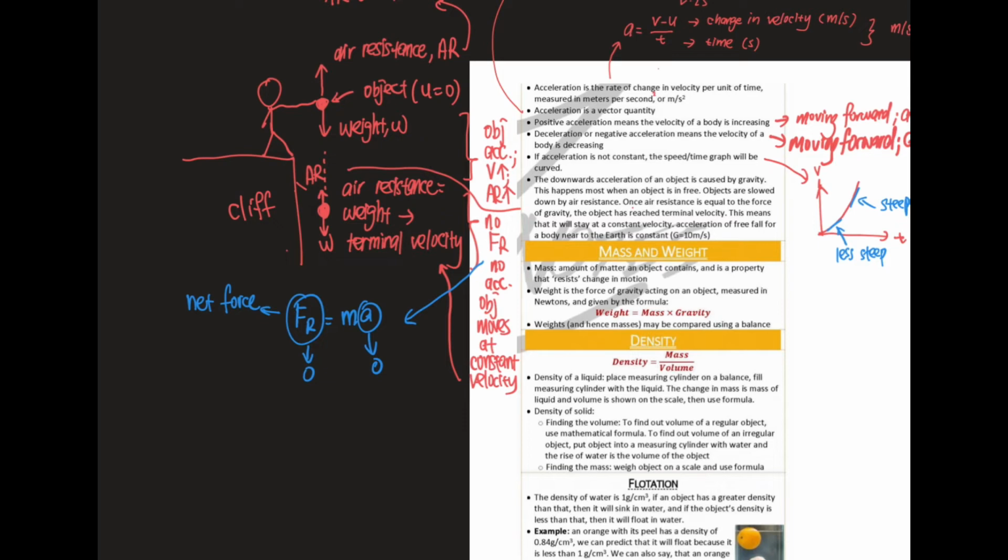So is it like the resultant force is the weight equals to the air resistance? Resultant force over here is actually weight minus air resistance. So that is the resultant force. Basically, it's the total force that's left.